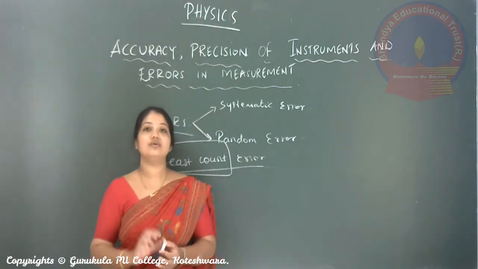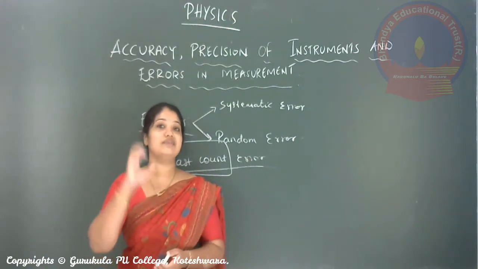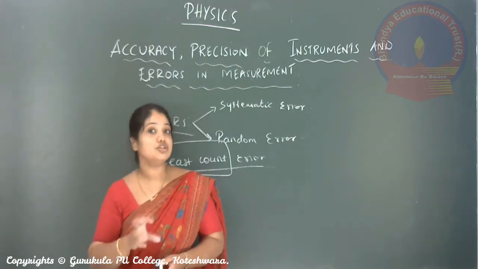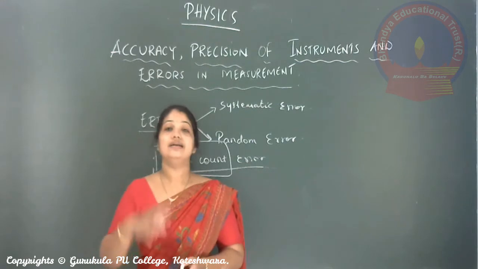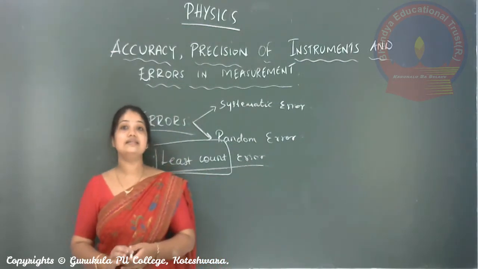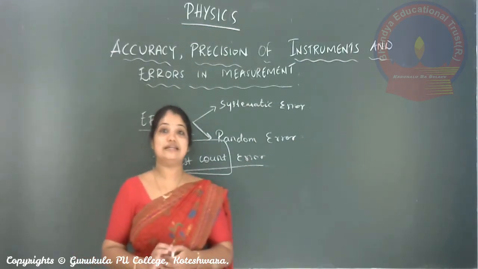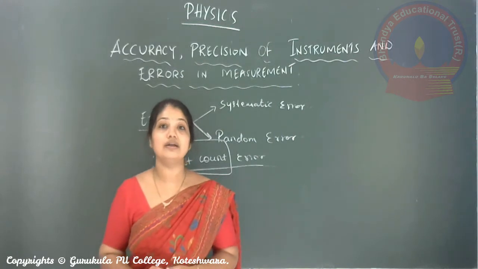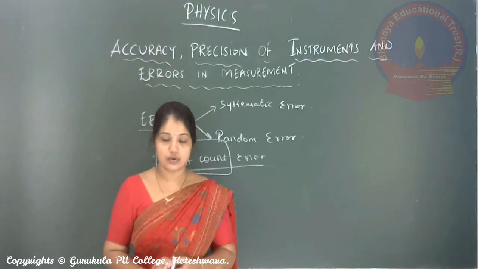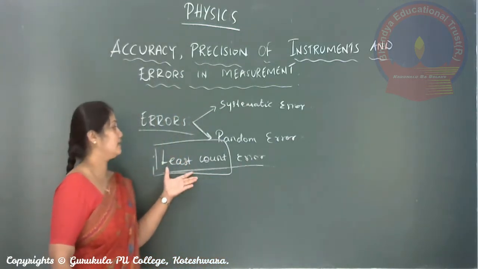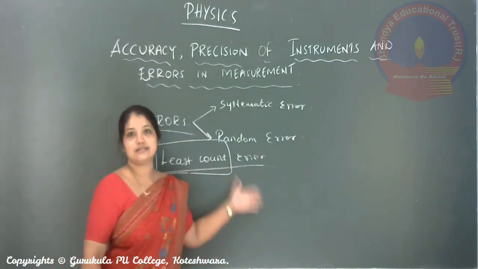The smallest value of the measuring instrument is known as least count. Least count error is the error present in the measuring instrument due to its resolution. Such kind of error is known as a least count error.